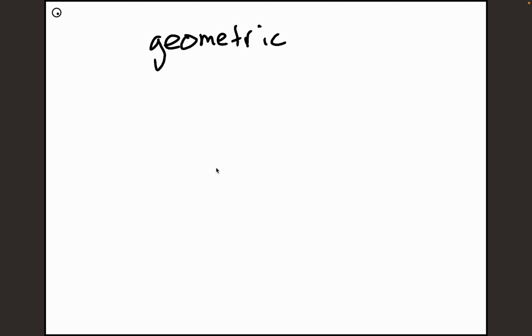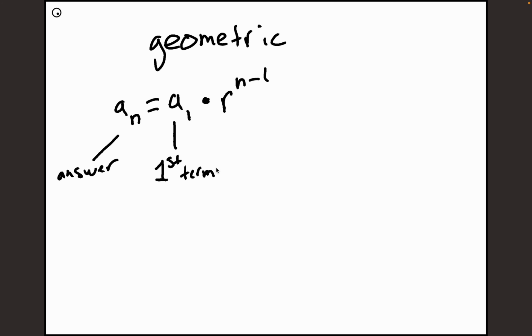With the geometric one, this is going to be an equals a1 times r to the power of n minus 1. This one we really have to pay attention to what we have to do first. An is going to be our answer again. A1 is our first term.